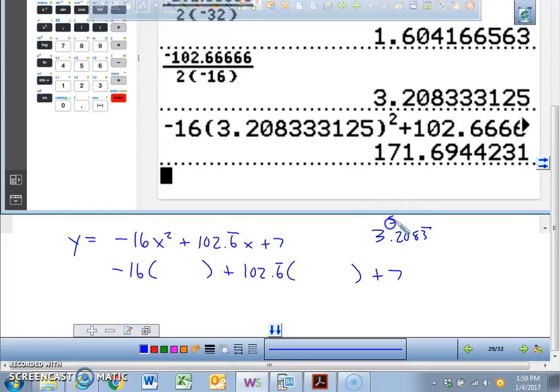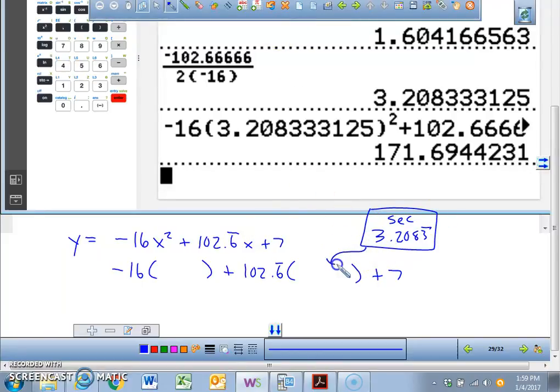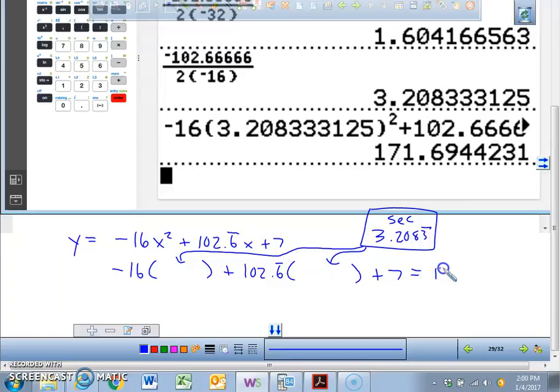And this right here represented, like you said, Peyton, the amount of seconds. And why did I plug that in here and in here? Because what was I trying to solve for? I was trying to solve for the maximum height at this amount of seconds. And what did it come out to? 171.69 feet.